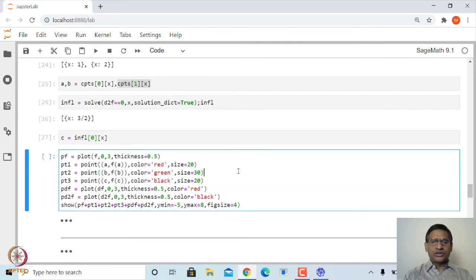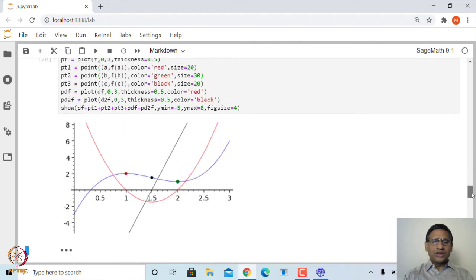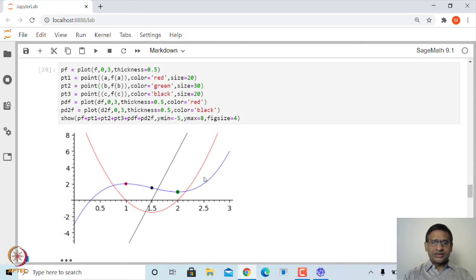When we plot all these things together, this is how we have plotted the curve, that is in blue in color, and these are the three points. Red one is local maximum, green one is local minimum, and this black one is the point of inflection. This red color curve is the graph of the derivative, and you can see here it vanishes at 1 and 2, and those are the local maximum and local minimum points.